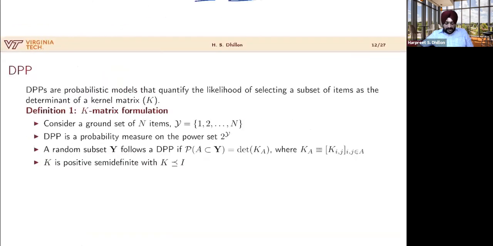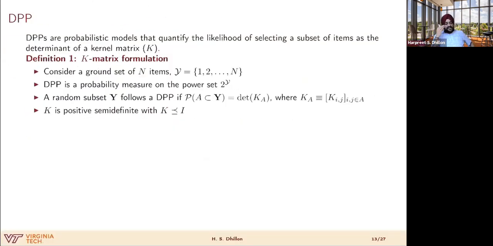Okay, so now let's introduce what a determinantal point process is. DPPs are probabilistic models that quantify the likelihood of selecting a subset, right? So we are putting a measure on a subset, and that measure is defined as the determinant of a kernel matrix. All that is not really necessary, but let me just go through the details for those of you who are interested.